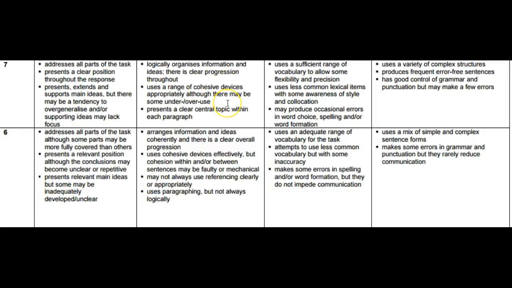You must use a range of cohesive devices appropriately. So there mustn't be any nonsense in there. Even though you may repeat yourself once or twice, that's it. And each paragraph must contain a clear central topic which has been supported, extended, etc.